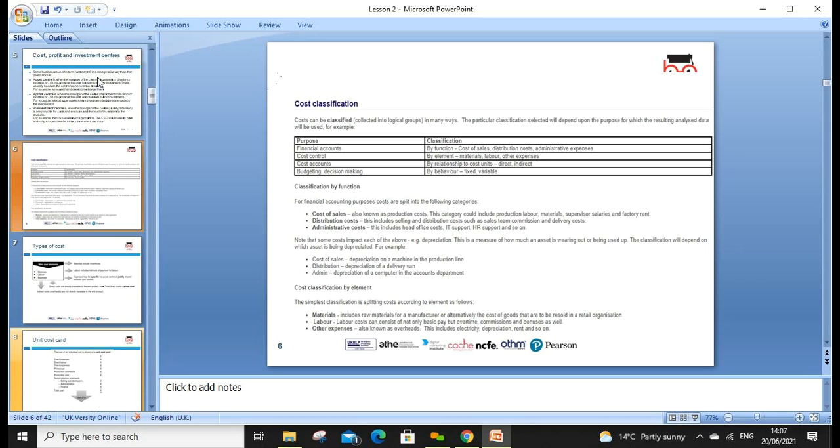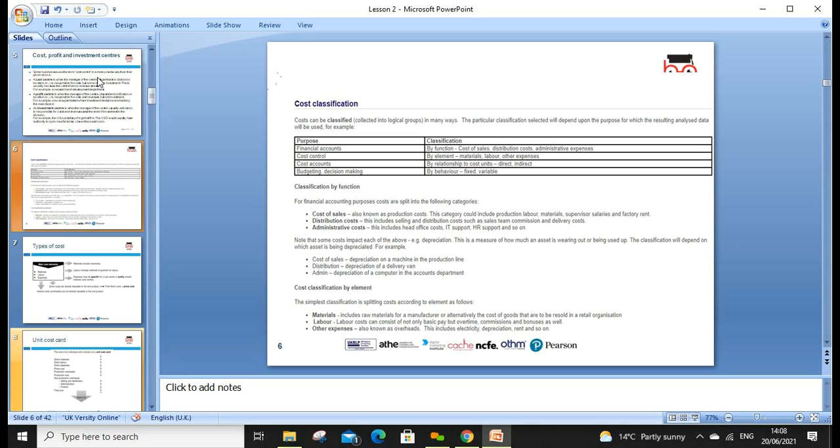Note some costs, such as depreciation, measure how an asset is wearing out and being used up. The classification depends upon which asset is being depreciated. For example, cost of sales: depreciation on the machine in the production line; distribution: depreciation of the delivery van; and admin: depreciation of the computer in the accounts department.